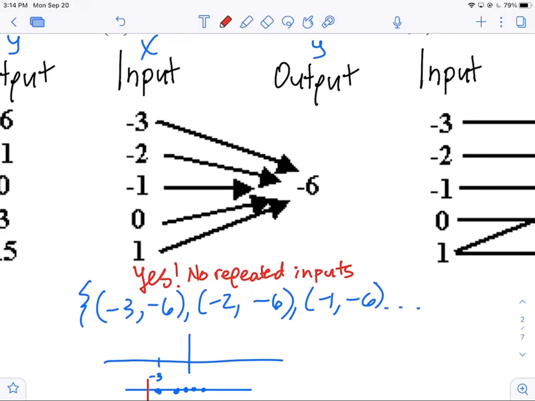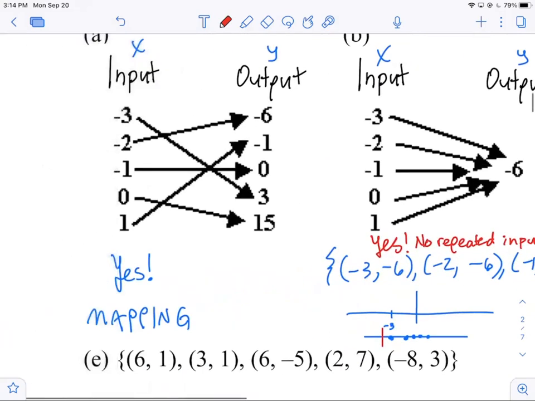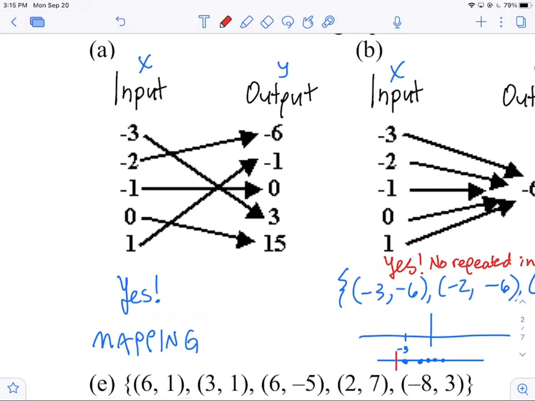Healthy breakfast, or maybe some banana chips or whatever. There are lots of things that can add up to $2.20. So you can have repeated outputs, no problem. They just have to come from a different input. No repeated inputs. So now if we go back to example 1, there's no repeated X values and there's no repeated Y values. But the reason it's a function is there's no repeated inputs.